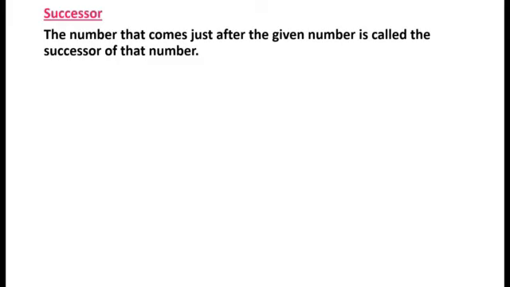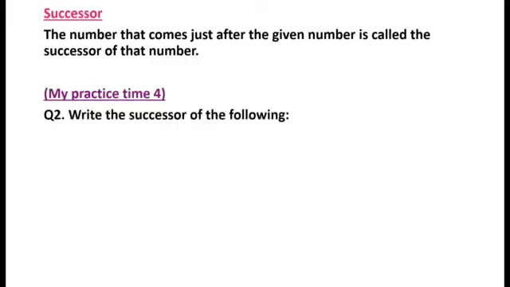So let us understand this also from the examples. The example I have taken from My Practice Time 4, question number 2. Write the successor of the following. The number given here is 34,65,102.